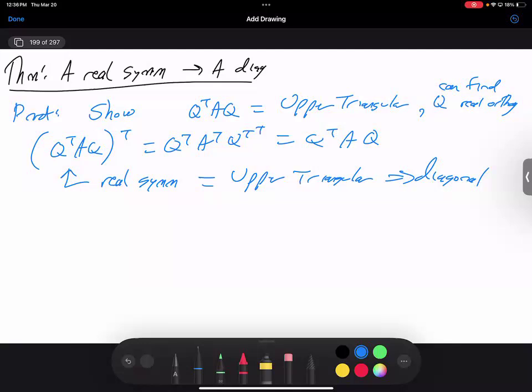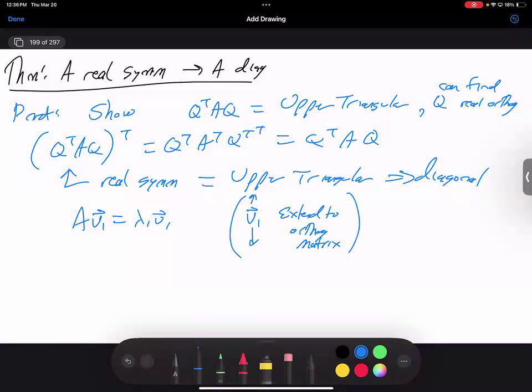And what you do is you do it component by component. You say AV1 equals lambda1 V1. Take V1 as the start of an orthogonal matrix and extend to an orthogonal matrix. So basically, think of applying Gram-Schmidt. I've got one direction, I fill in the rest.